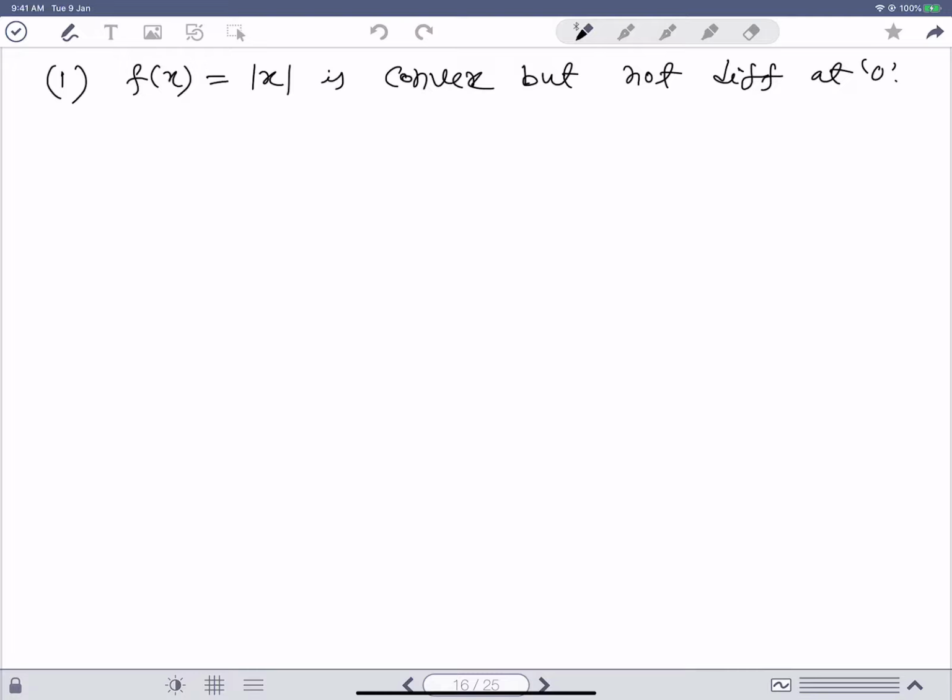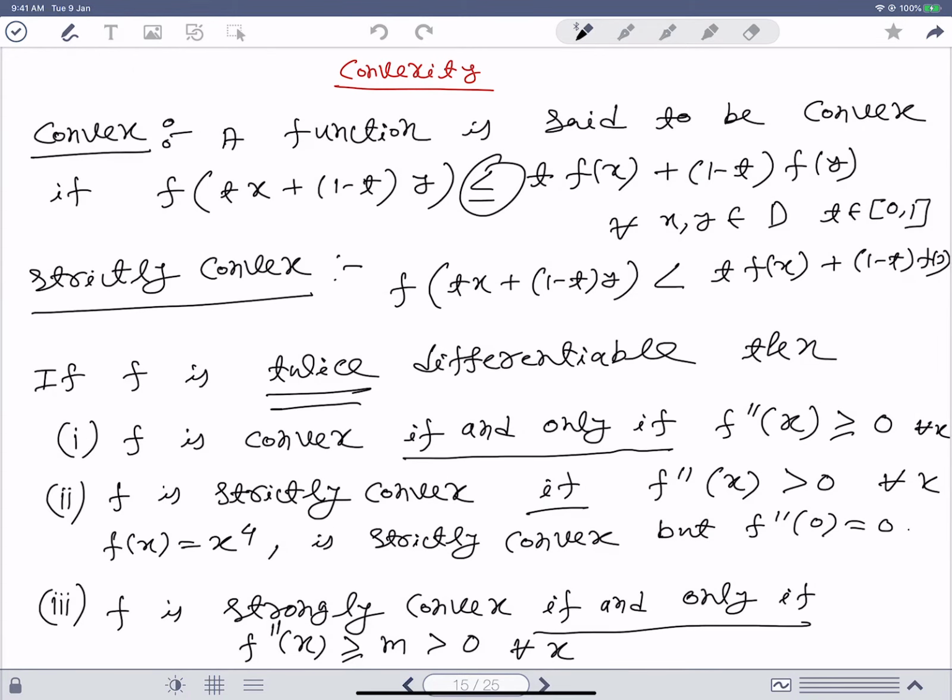Now you can ask, we know that if a function is twice differentiable, then it is convex if and only if the second derivative is bigger than or equal to 0, right? Now this is an example of a convex function, but it is not differentiable. That means we cannot take this as a definition, because there are functions which are not differentiable, but convex.